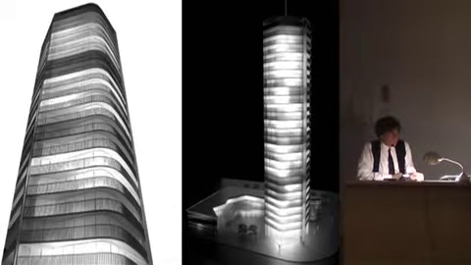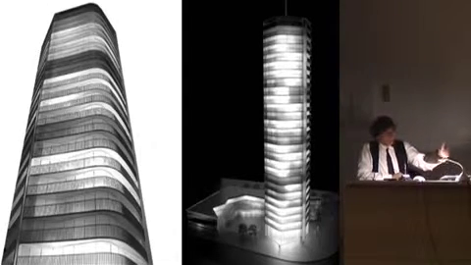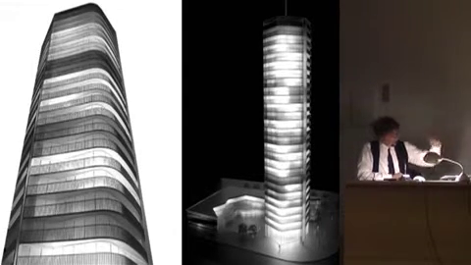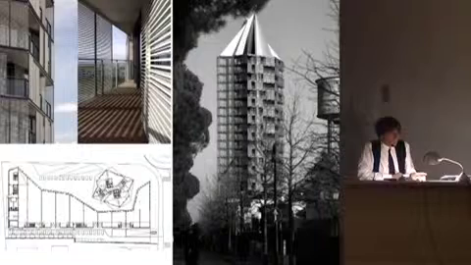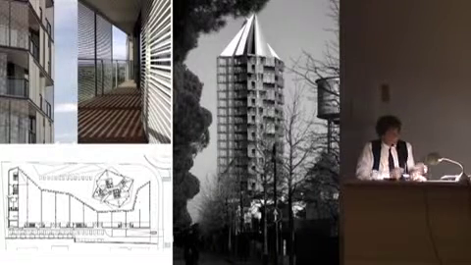And here in this project, all the common services of the tower were located at the bottom of the tower, so we created a public space belonging to the tower. It's the case of Venice.